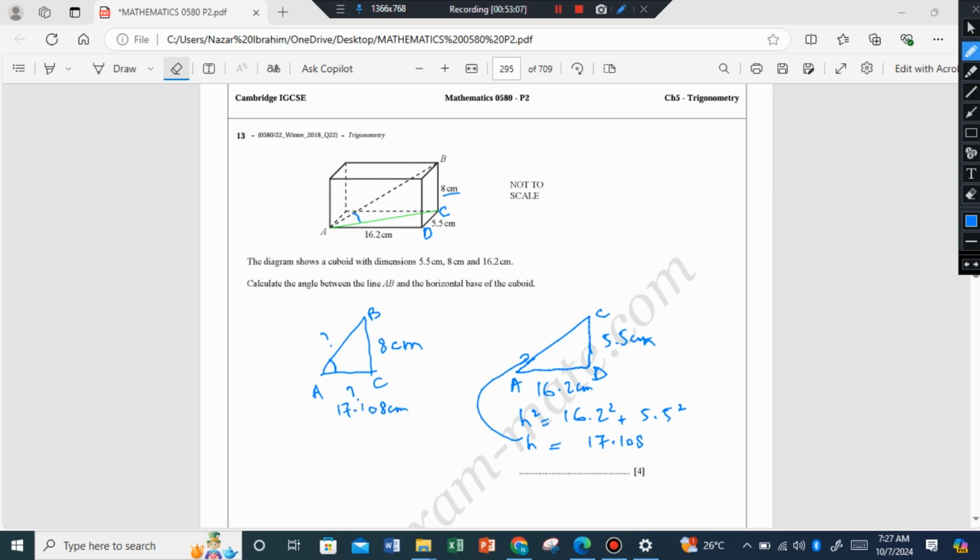So AC, which I've just taken out, which was the hypotenuse, is 17.108 centimeters. Now I will see what two sides I have, that is perpendicular, opposite and adjacent, right? So applying tangent, tangent of angle BAC is equal to opposite upon adjacent.